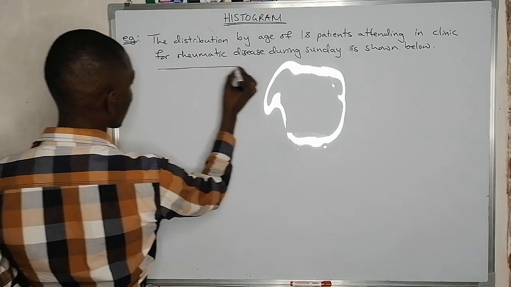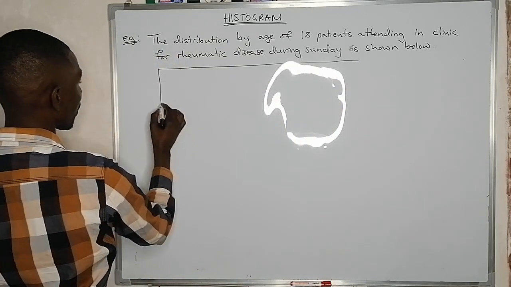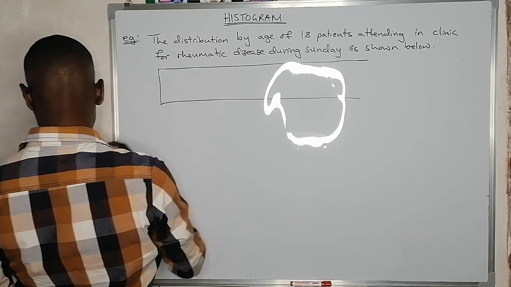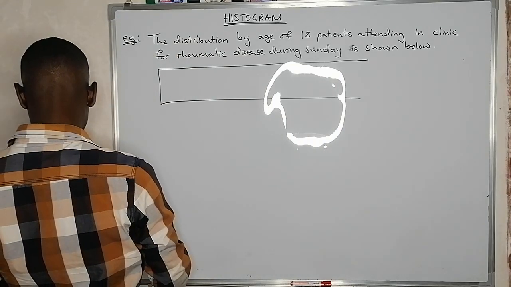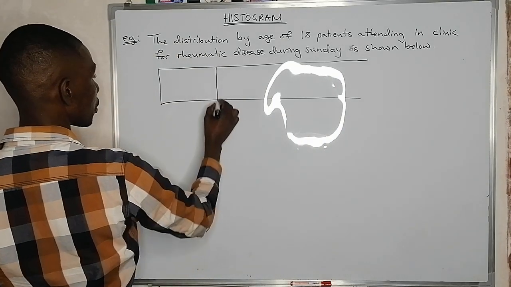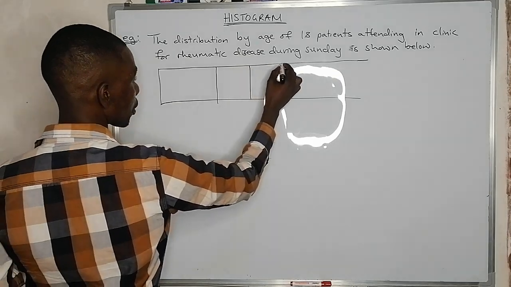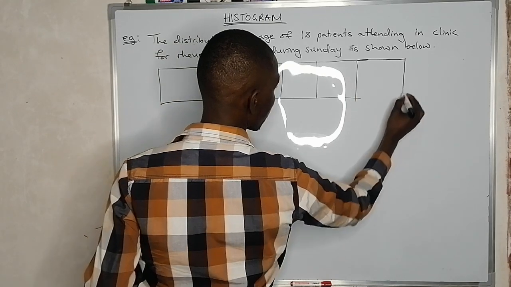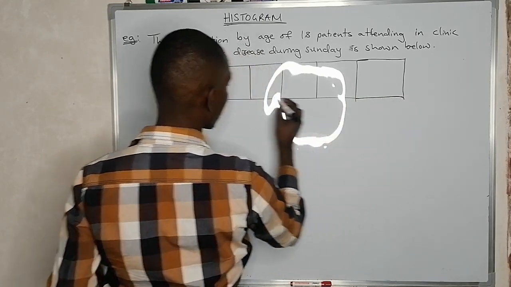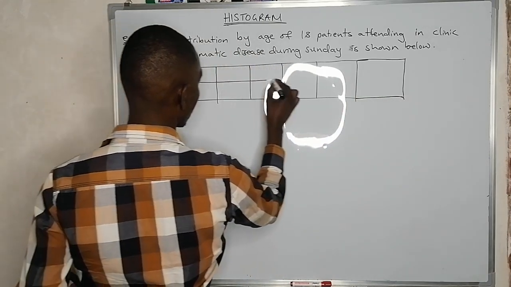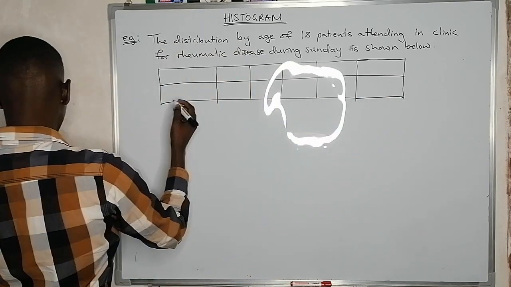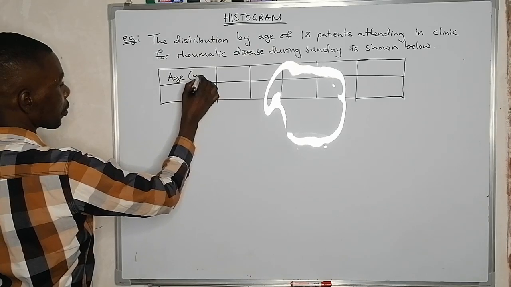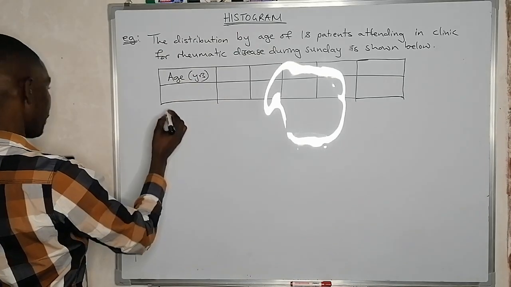Right, we are given a table here. Here we have age in years, then here we have frequency.